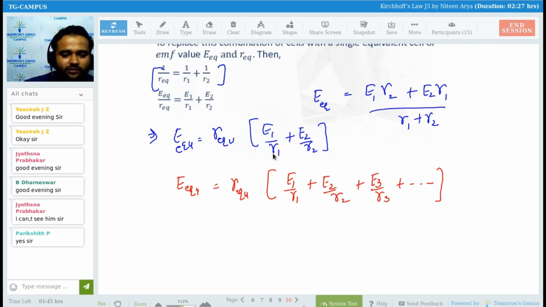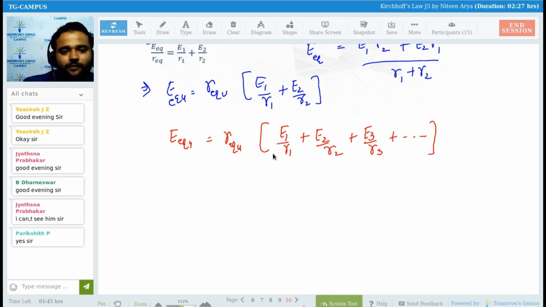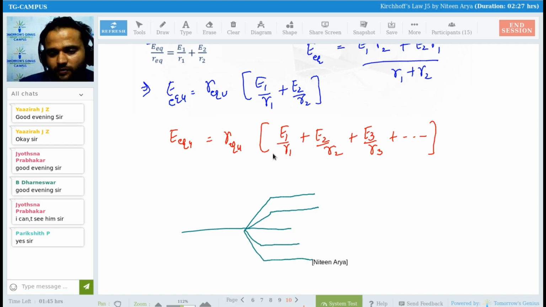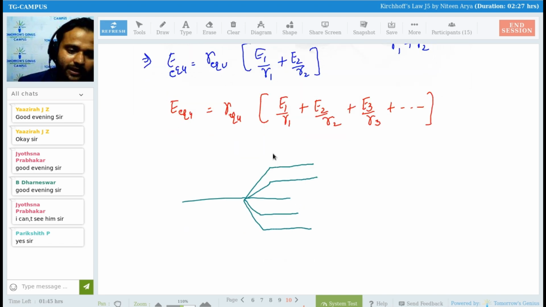So what I'm writing here, let me write it down in a proper way. Suppose this is your one. In this one, we have this one also, and this one also, and this one also. Or I can draw it in this way, so many.